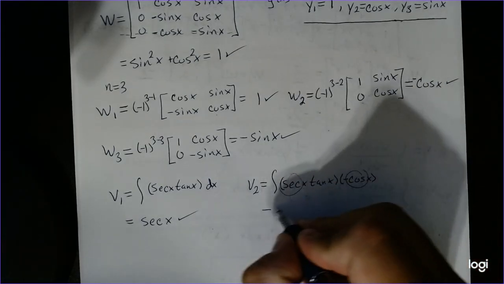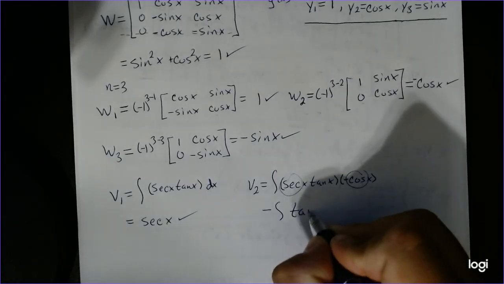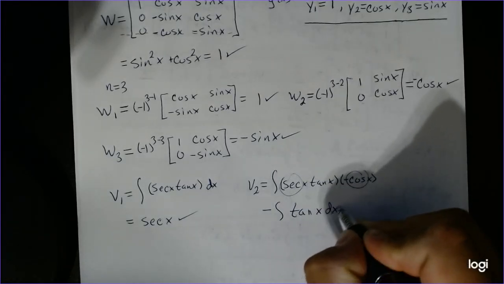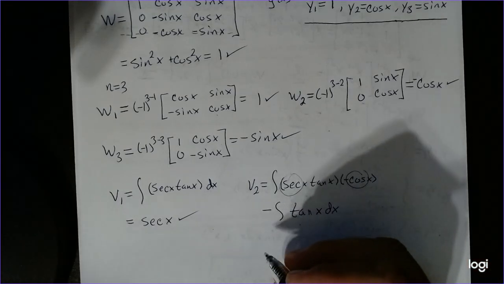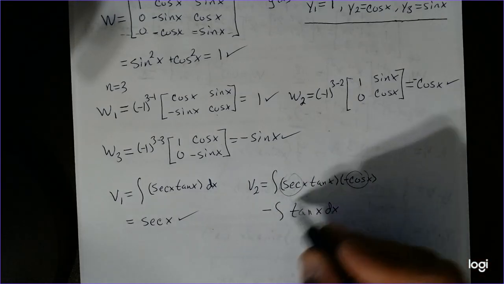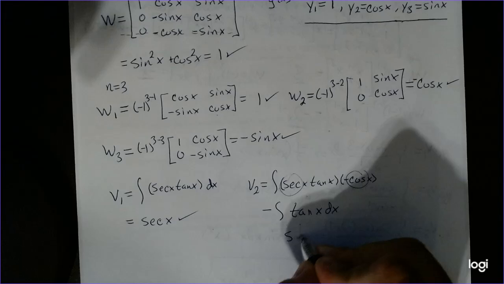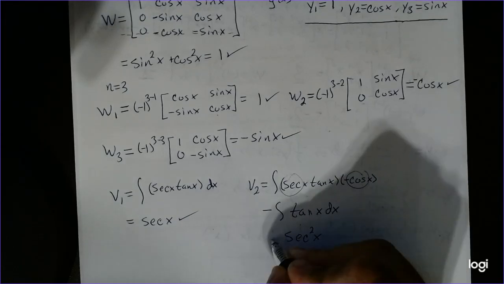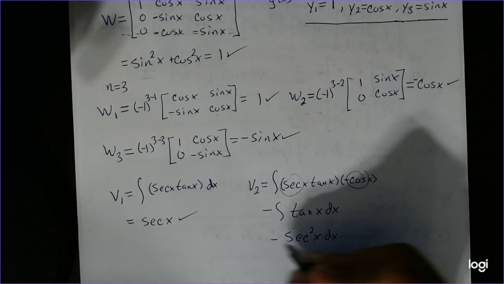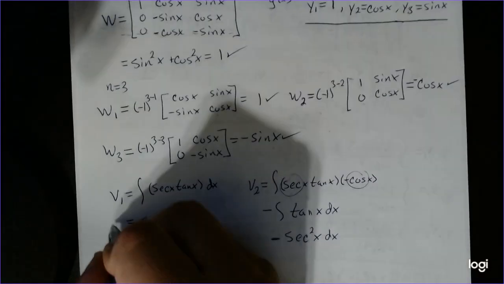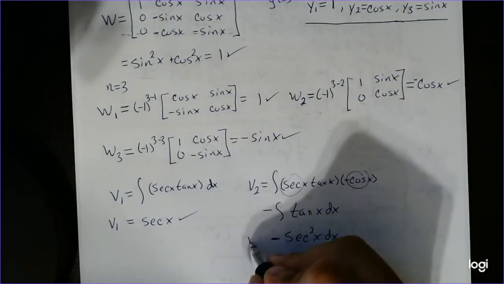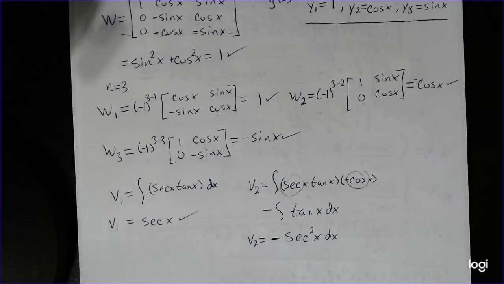So this ends up being negative integral of tan. The integral of tangent is secant squared. So there's our V1. This is our V2.